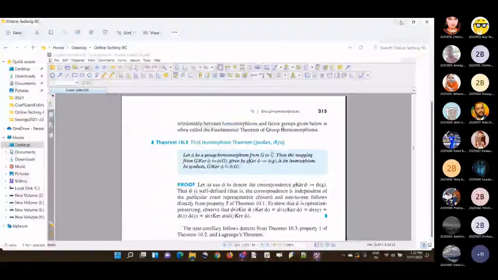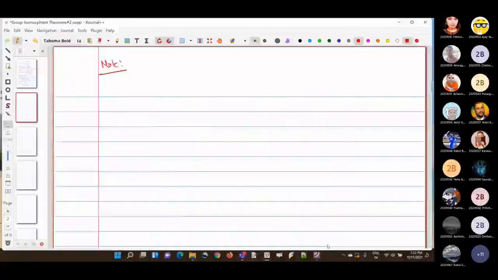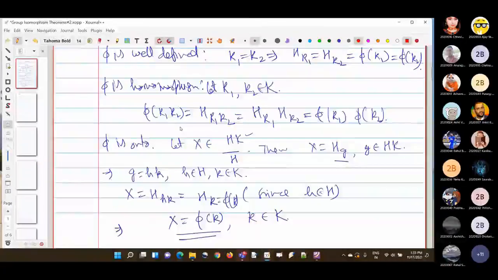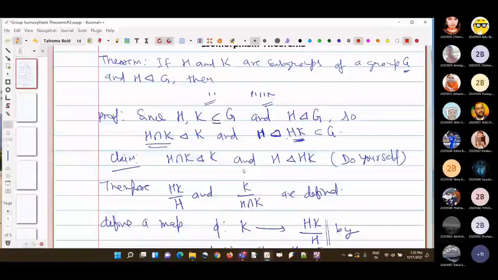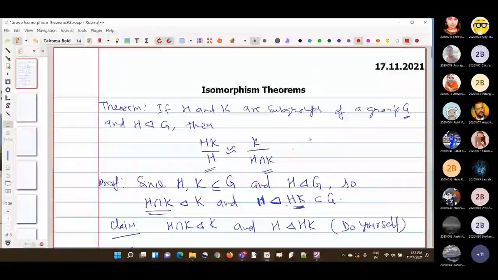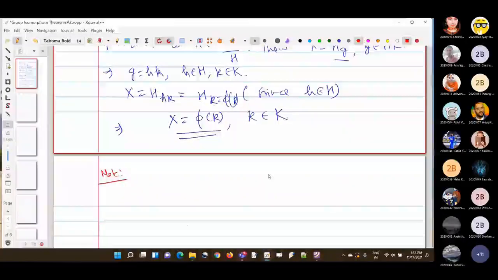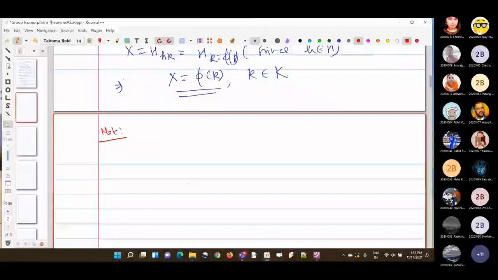So we need not verify that it is one-one, because that may not be one-one. In fact, this phi we are not telling that this is an isomorphic map. We are telling this is an onto homomorphic map. But if such an onto isomorphic map exists, then those quotient groups become isomorphic.